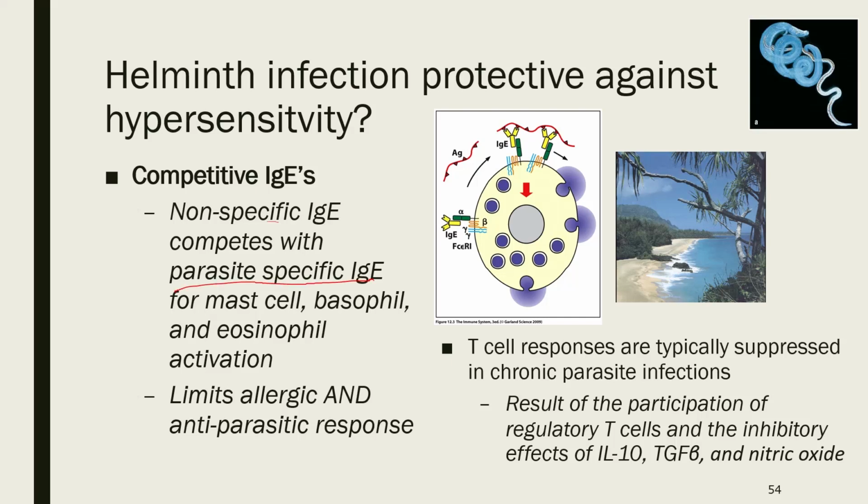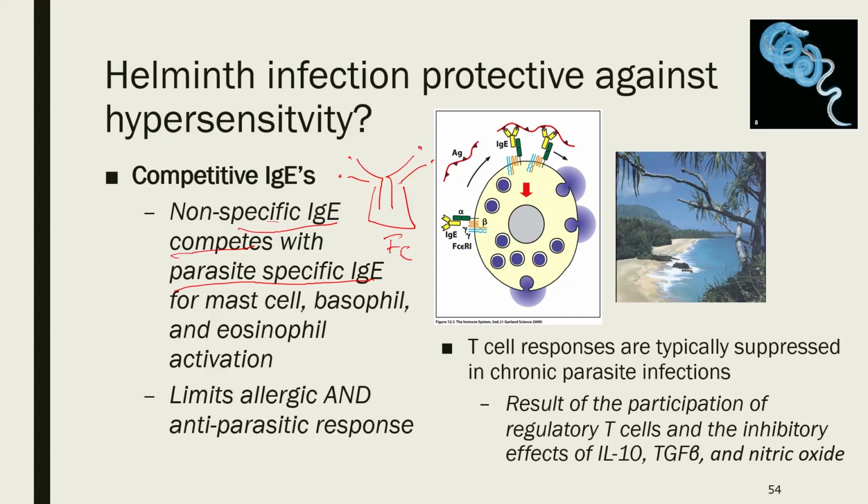You will have those in your circulation, in addition to some low level of non-specific IgE. Now remember, IgE is IgE. When we talk about an antibody, what is specific is at the tip. We went through this on the exam. The bottom, the Fc regions, are not variable at all. They are constant regions.